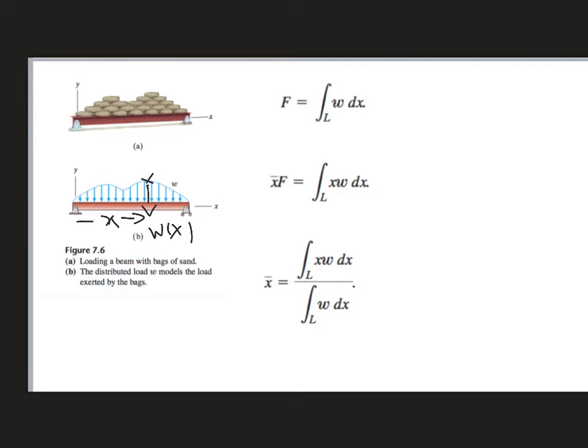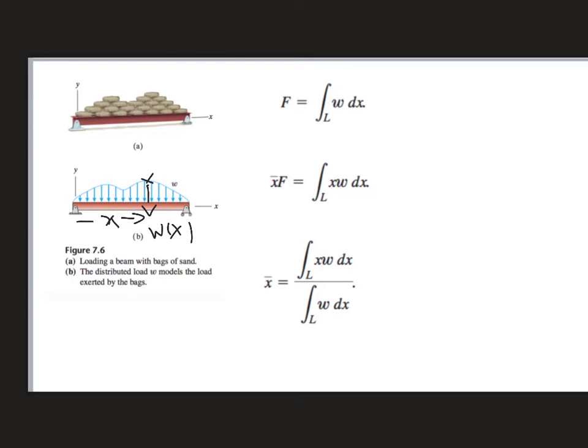Now, we can consider that as equivalent to some total moment. So the total force F, so we calculated up here, we calculated the total force acting on the beam from all of those sandbags. If I take that total force and plug it in, there has to be some distance, and we'll call it x bar, and you'll see why we call it x bar in a moment.